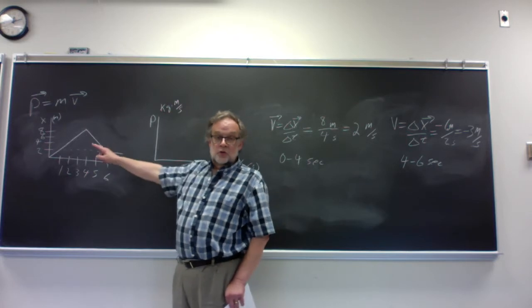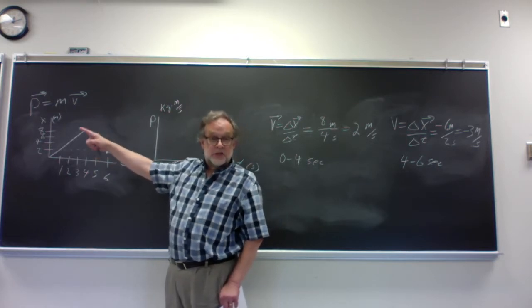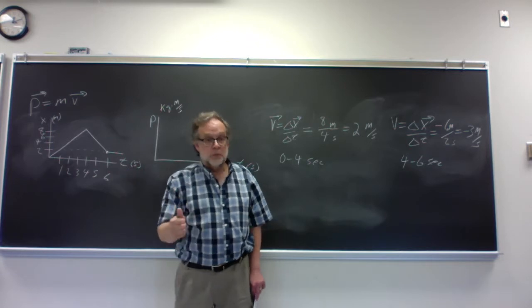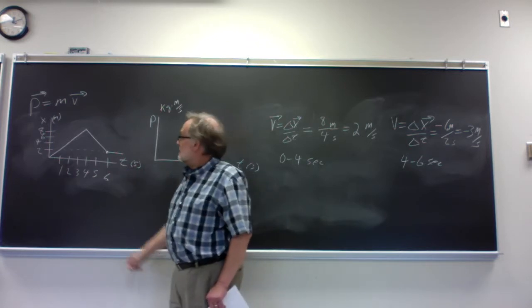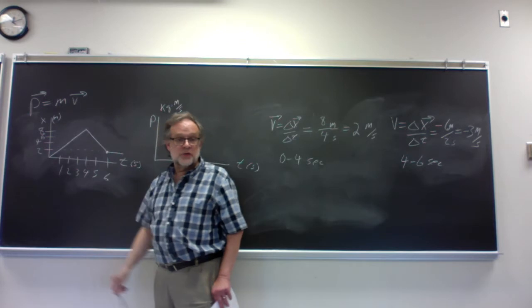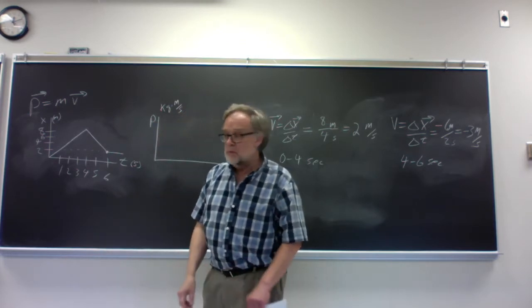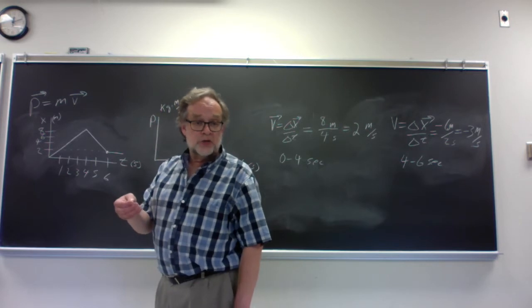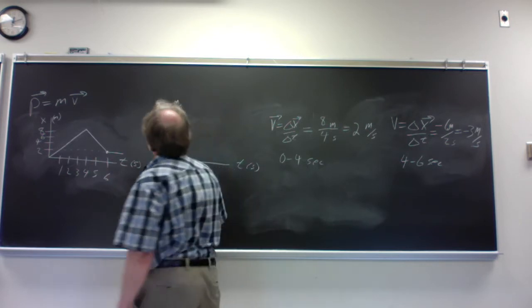Remember, go way back to some of the basics: in a position versus time graph, slope is velocity. And of course, velocity is one of the factors that we need in order to find momentum. Just to keep it simple, let's say that the mass of our object is 2 kilograms.